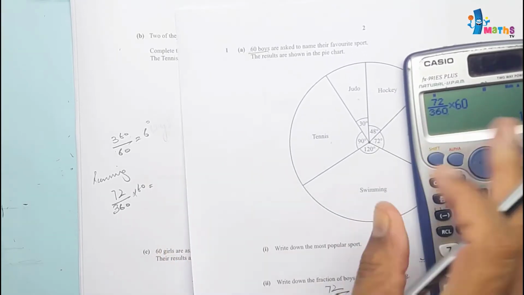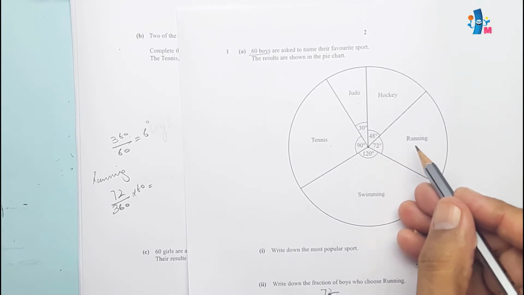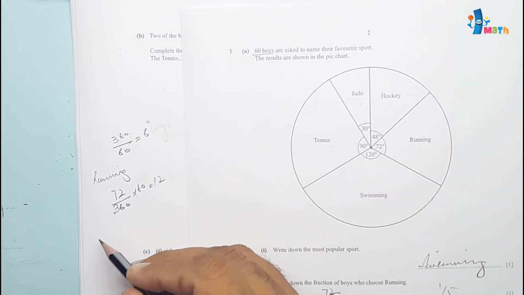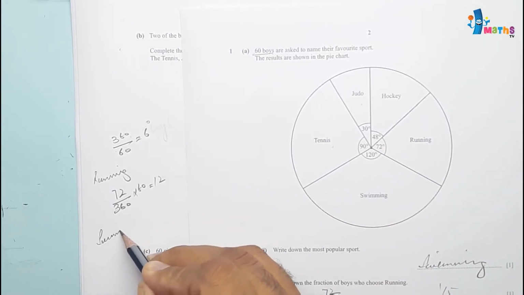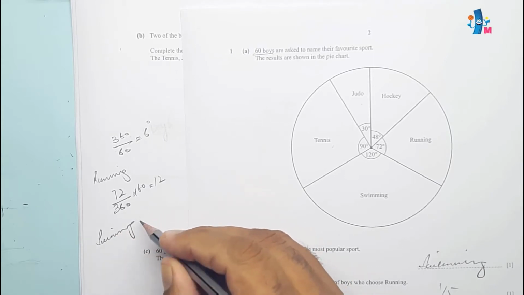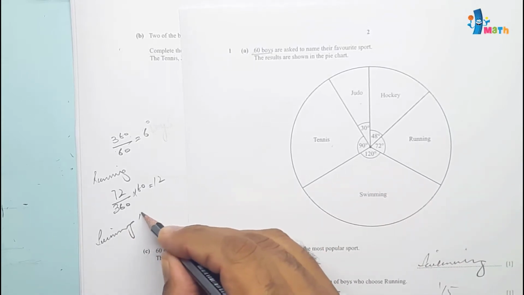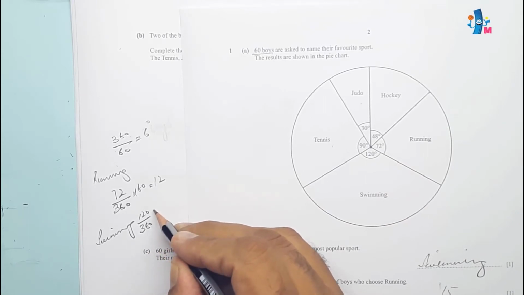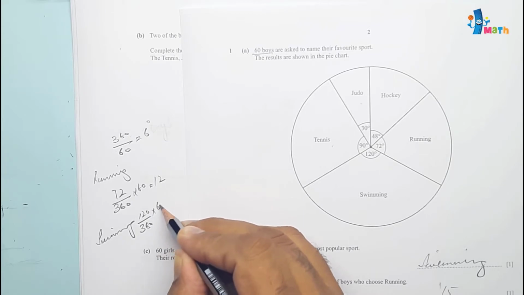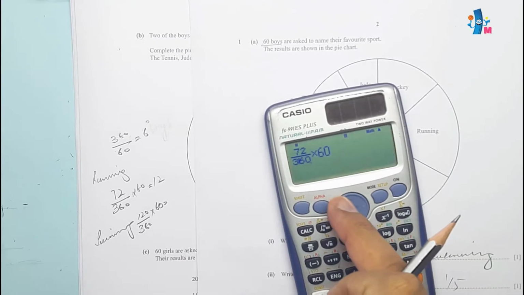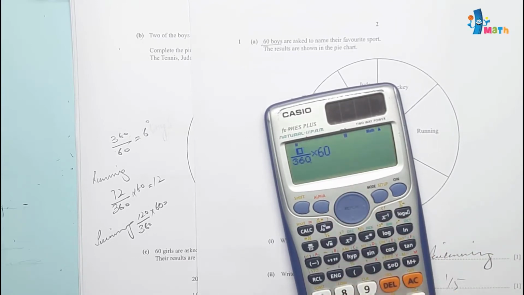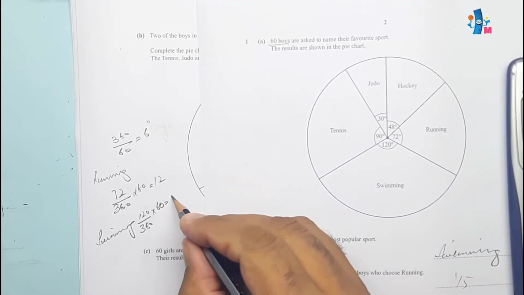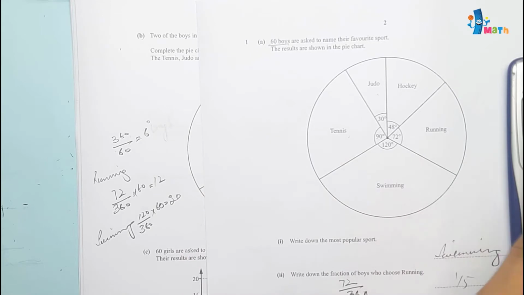So in the previous diagram it was 12 boys. For swimming it was 120 degrees out of 360 and of 60 boys. If we calculate this one, it was 20 boys. So this was the previous situation.